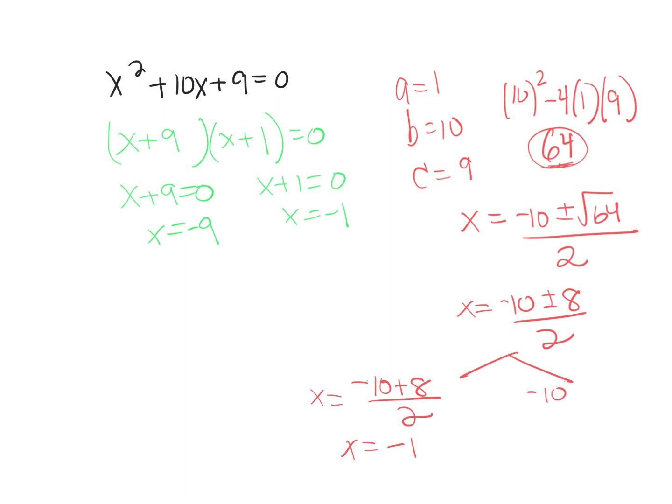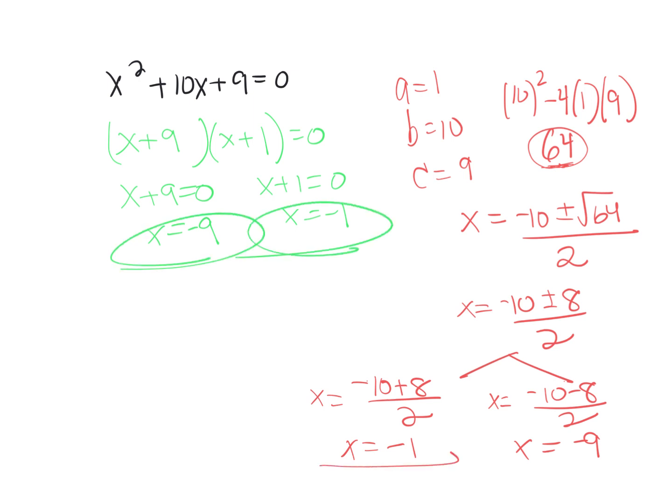And then negative 10 minus 8, negative 18, divided by 2, that is going to give us negative 9. And you can see that whether you do the problem by factoring or by the quadratic formula, we get the same two intercepts.